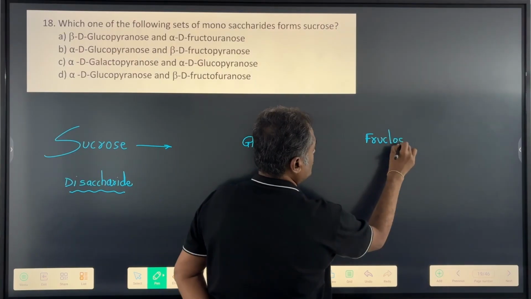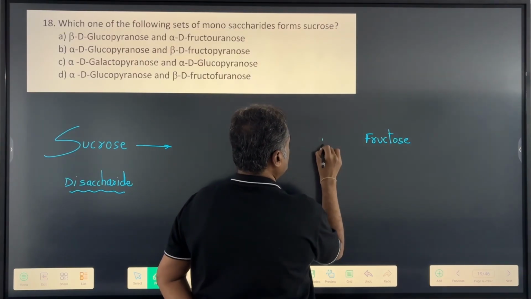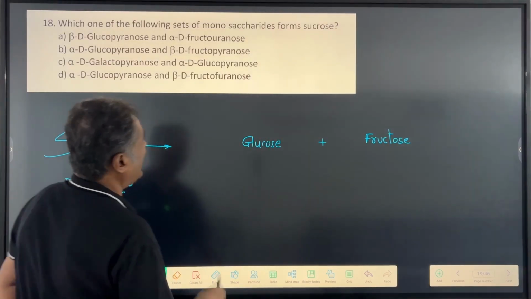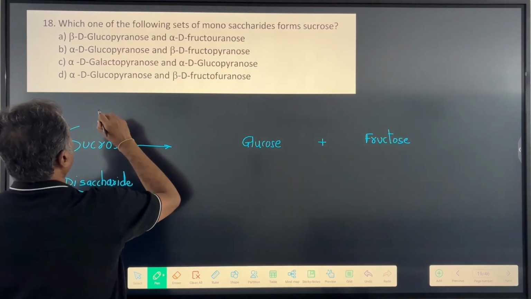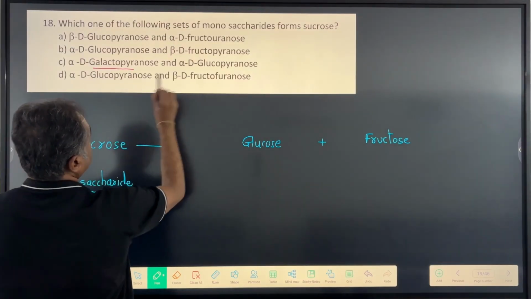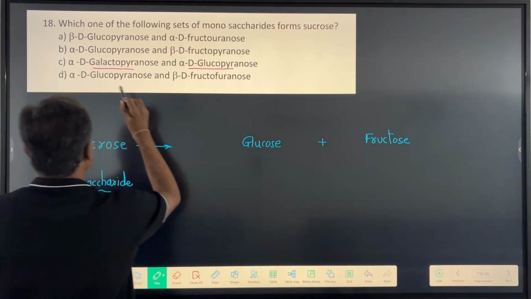That means your sucrose is made up of these two units only. Now as per the options over here, they have given galactose and glucose. This cannot be the answer.